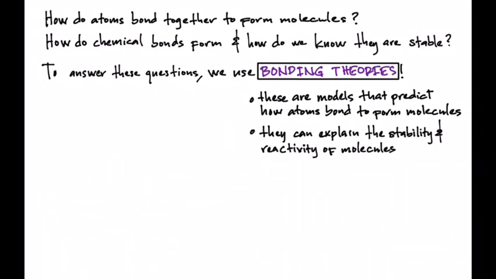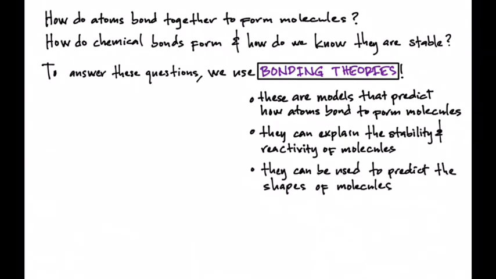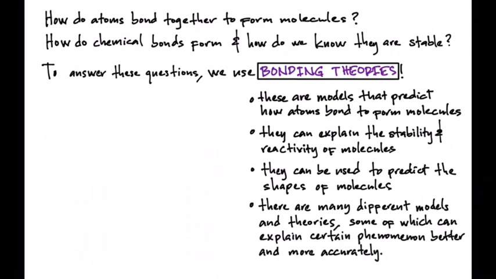They can explain the stability and reactivity of molecules, and they can be used to predict the shapes of molecules. Learning about molecular shapes is very important, especially in understanding different cellular interactions as well as development of medicine.